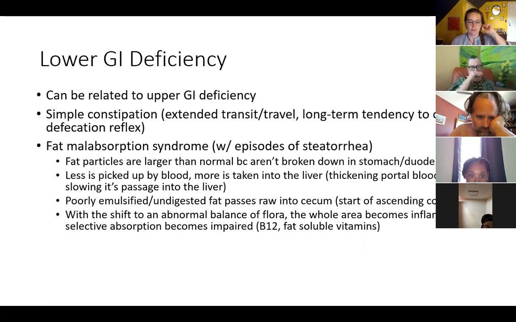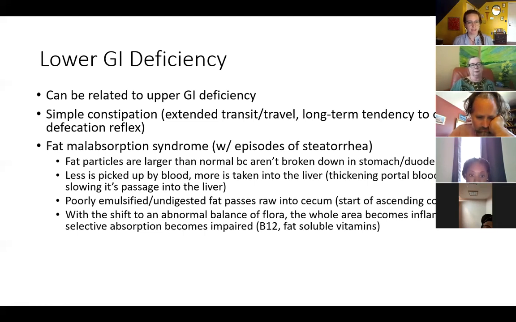When your upper GI isn't digesting things the right way, those fat particles make it down to the lower GI too big. They aren't getting broken down. So you think logically, it's not getting broken down in the upper GI, so it makes it to the lower GI. The particles are just too big to be broken down.